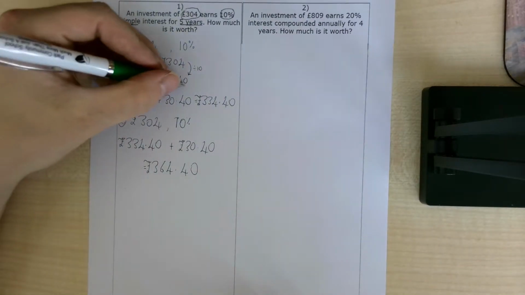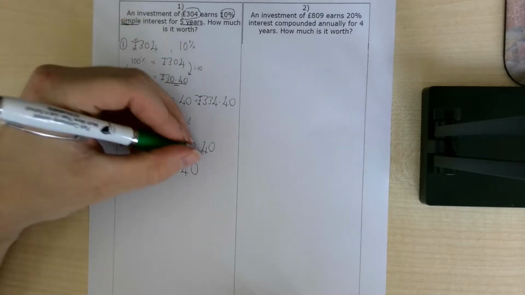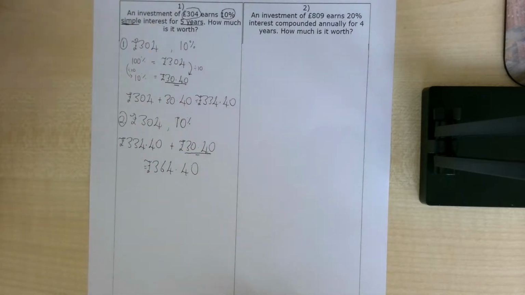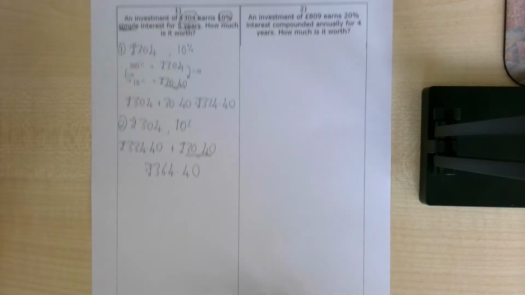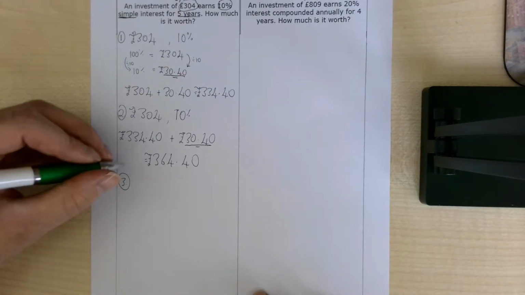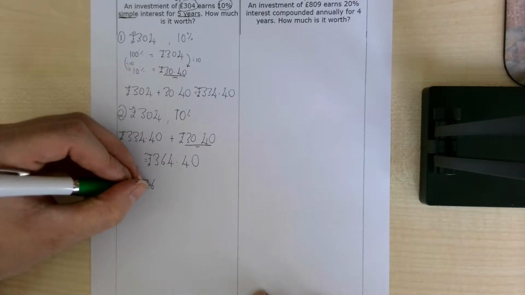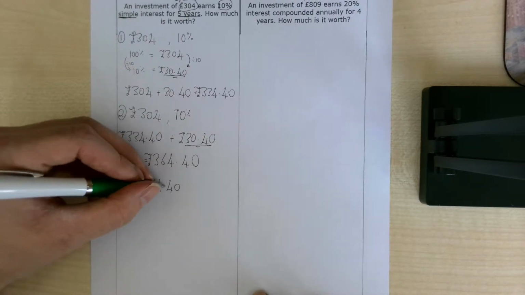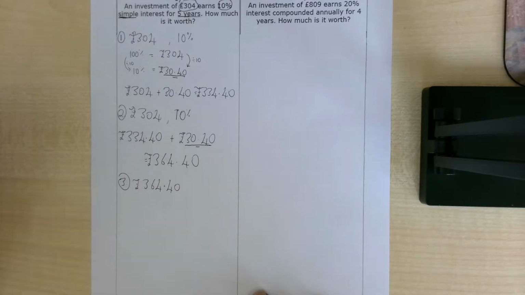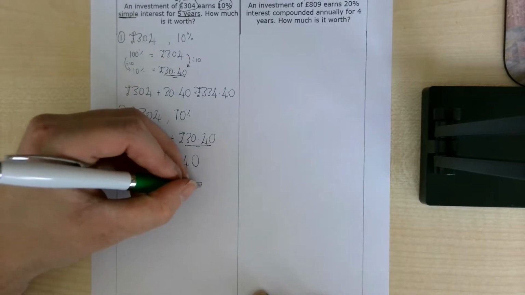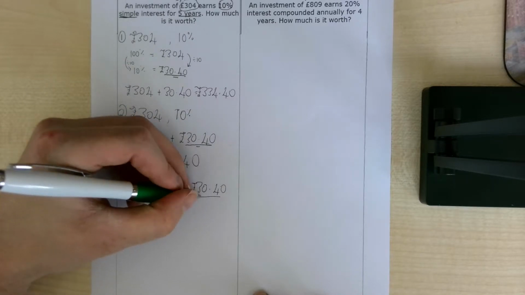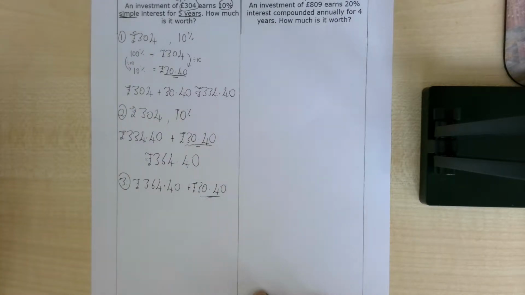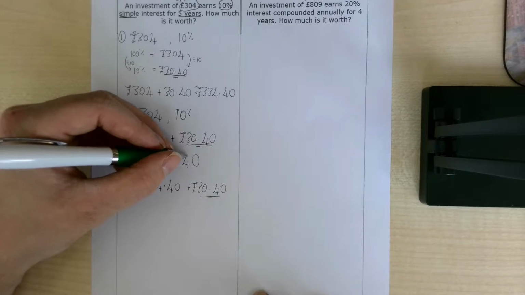So again, it's the same amount. It's 10% of the 304 that I add on at the end of every year. So year 3 will simply be the 364 I'm starting with, and the 40p, plus the £30 and 40p. Oh, this should be 80, apologies.